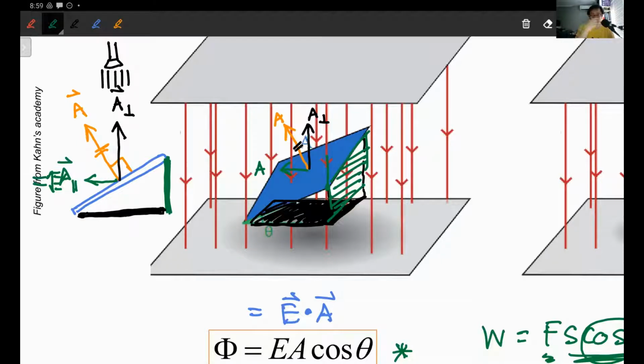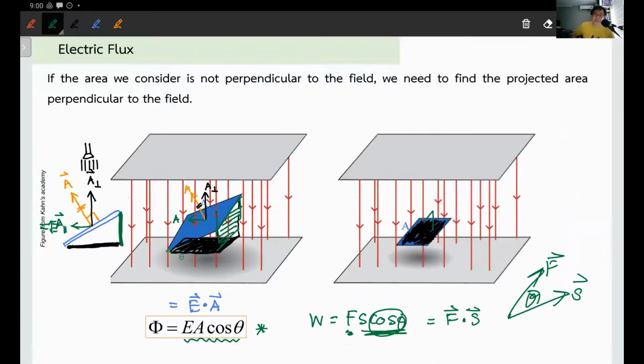The components of that. What do you think? Does it sound all right? This is the hardest part of today's lecture, I guess. It seems to be the hardest thing to imagine, the concept of the area vector.